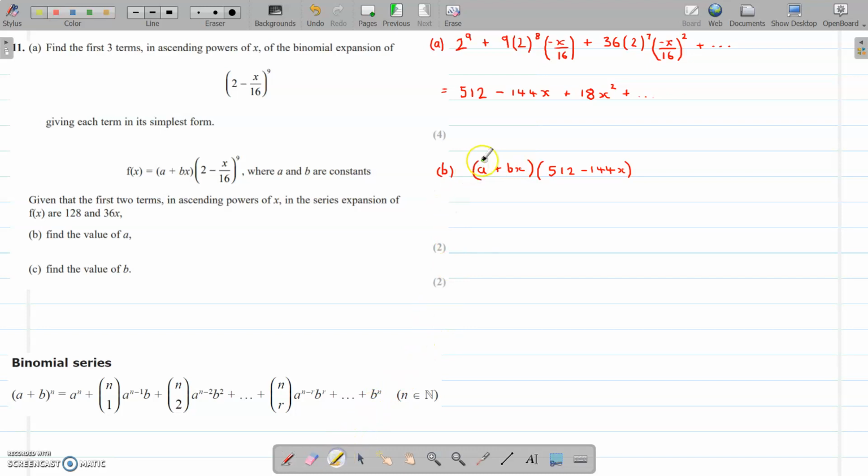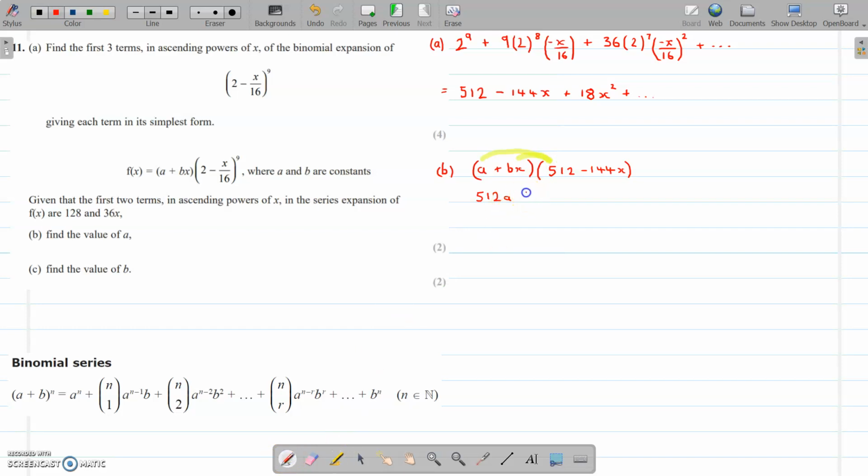So I need to do the a times the 512. So that's 512a. The next term I'm interested in will be the 512 times the bx. So let's put that in there.